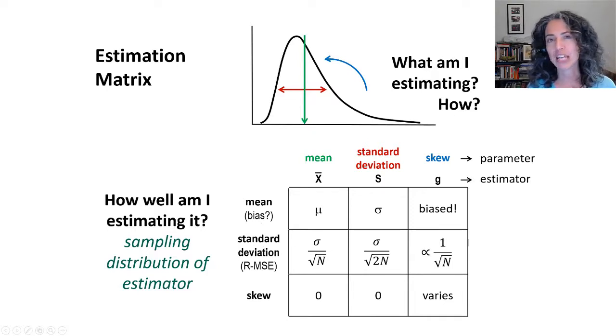It has a standard deviation or standard error, which tells us how wide the sampling distribution is, meaning how much error I have in my estimates for a given sample size, and then how skewed the sampling distribution is. In the uncertainty lecture, we went through this whole first column for estimates of the mean, and we also went through the standard deviation row to look at the average error in estimating each of the parameters. In this lecture, we're going to go down the column for skew.